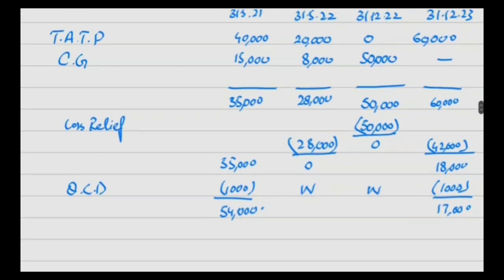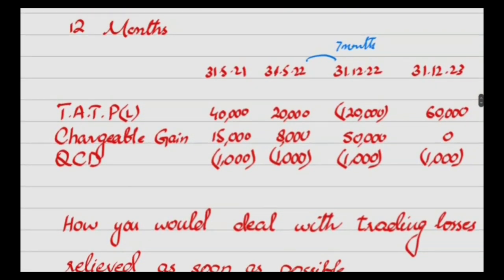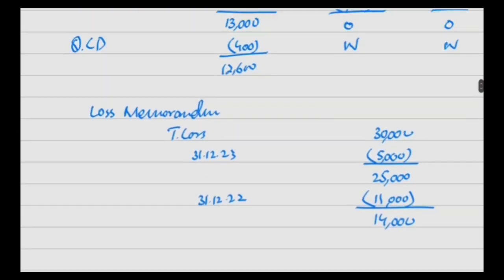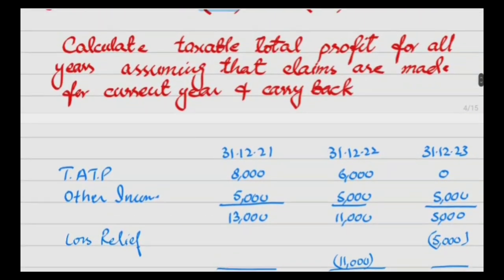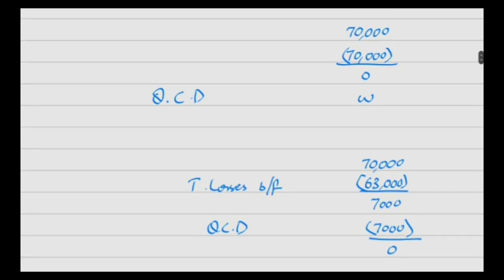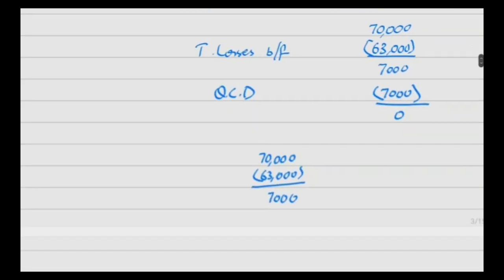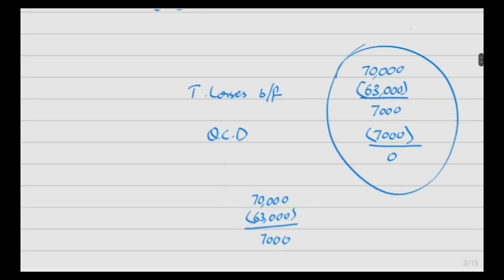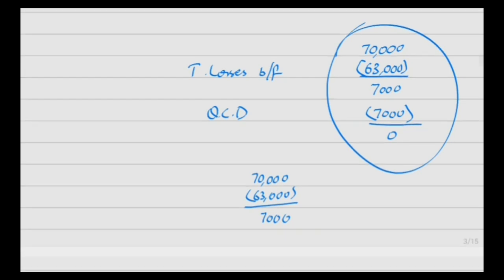That is what we have considered in this particular question, where we have saved our QCD. As losses brought forward are 70,000, but we only use 63,000 of losses in order to have profit of 7,000, so we can use QCD.